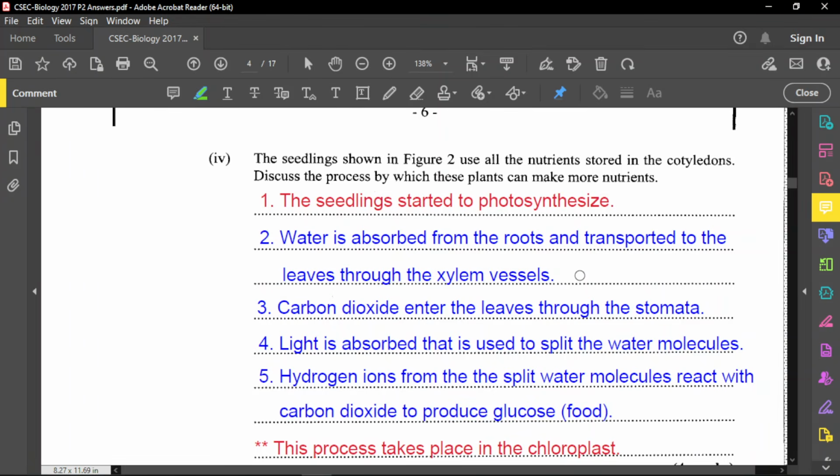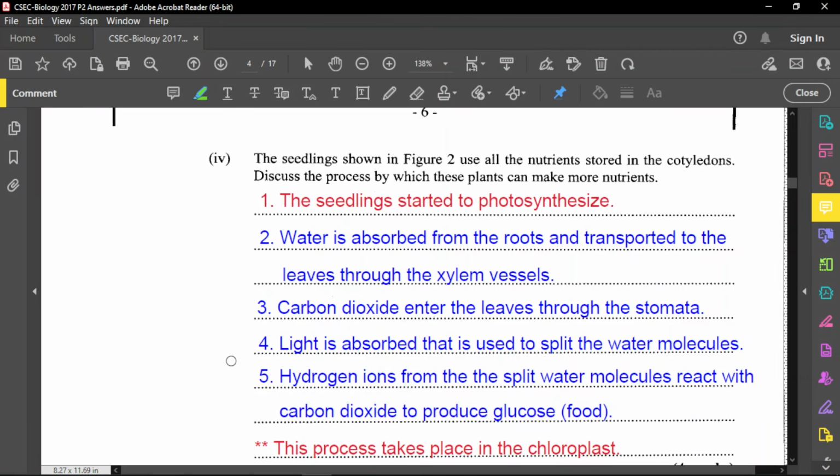So you get water from the soil or from the cotton wool, and then it is transported to the leaves and it goes through the xylem. And next, carbon dioxide will enter the leaves through the stomata. Light is absorbed by the leaf, specifically the chlorophyll that is present in the chloroplast. So you could add that in.